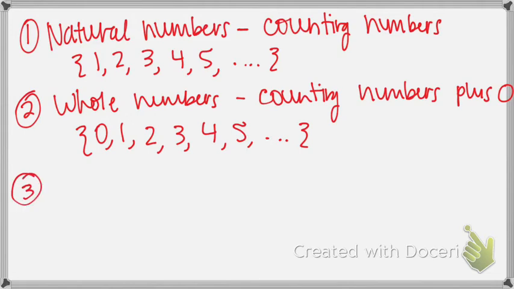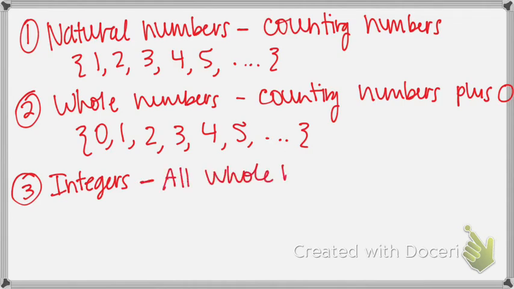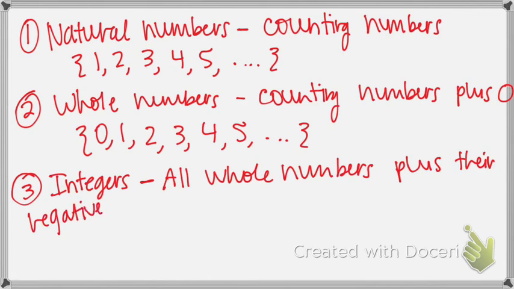All right, the third one is integers. And you may already know this, but I still want you to write it down so you'll have it. So integers are all whole numbers plus their negatives. So I'm just going to make up a random sequence. So let's say -2, -1, 0, 1, 2.